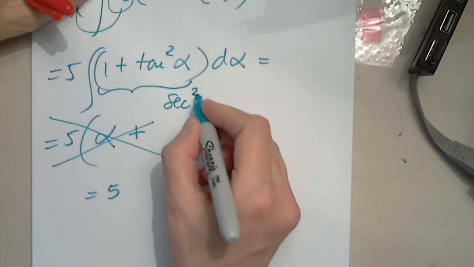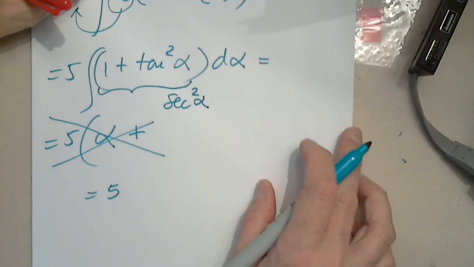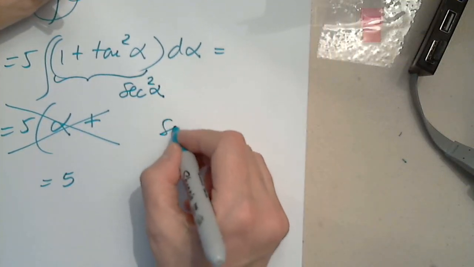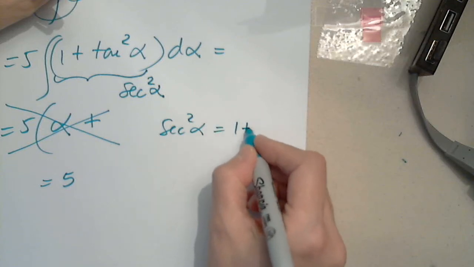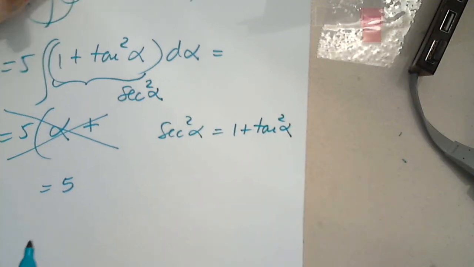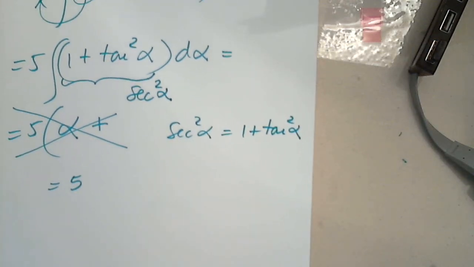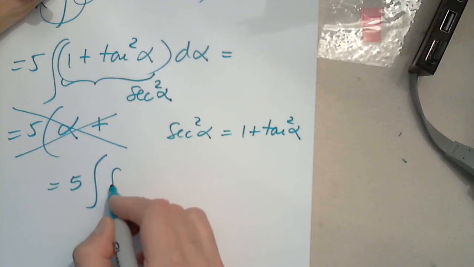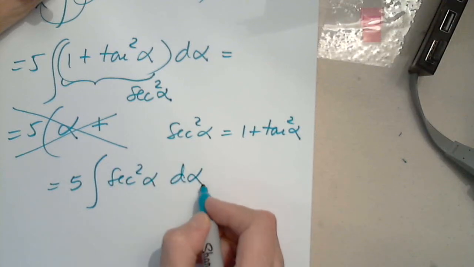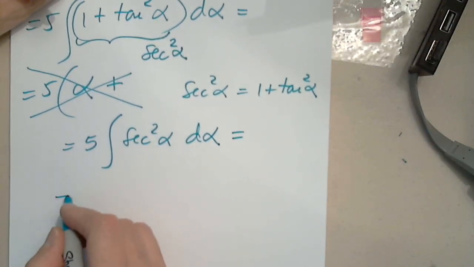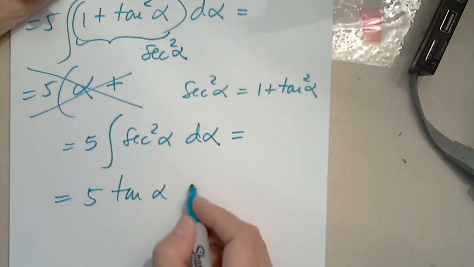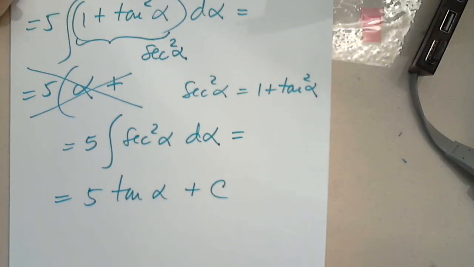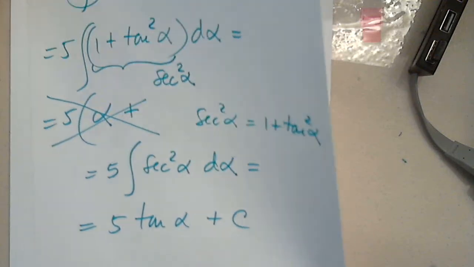It equals secant squared alpha. So this is one identity to remember. Secant squared alpha equals 1 plus tangent squared alpha, because I can't continue. And I said, okay, let me go back and see what's wrong. So 1 plus tangent squared is replaced by secant squared alpha d alpha. And now I know the answer. It's 5 tangent alpha. Cool.